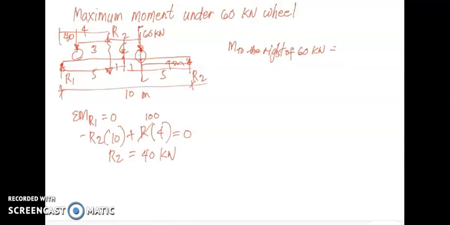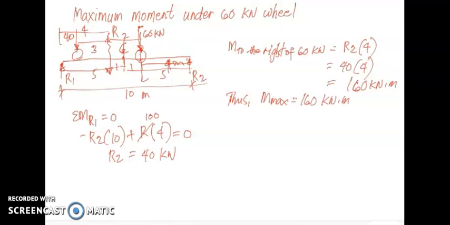So we have R sub 2 times the moment arm distance, which is 4. So R sub 2 is 40 times 4, so this gives us 160 kilonewton meter. So we have now our moment under the 60 kilonewton wheel. From the previous 40 kilonewton wheel, that is only 125.5 kilonewton meter. So therefore, our maximum moment is equal to 160 kilonewton meter. So this is our maximum moment.